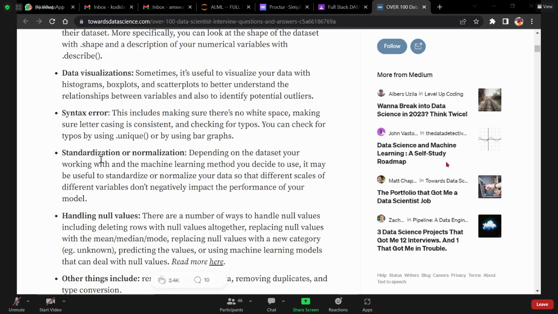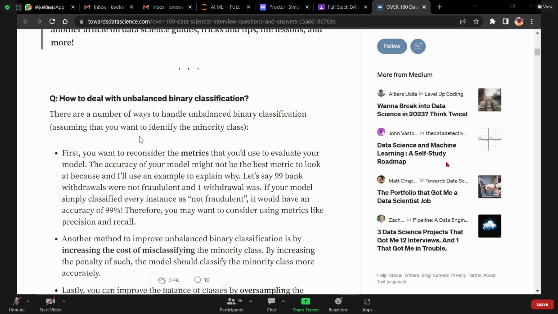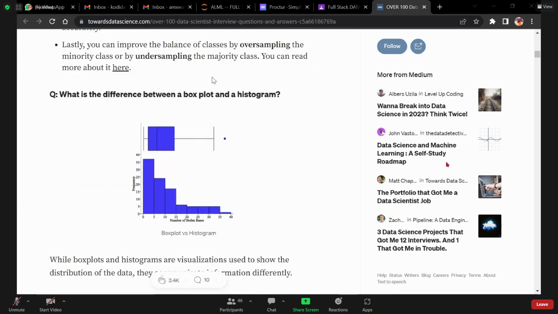So data visualization, syntax errors, standardization, handling null values, and how to deal with unbalanced binary classification. The one who works as an analyst knows what it is all about. So you guys take it seriously.